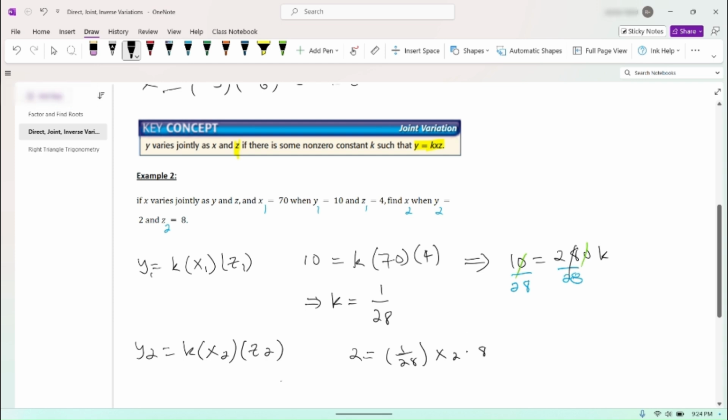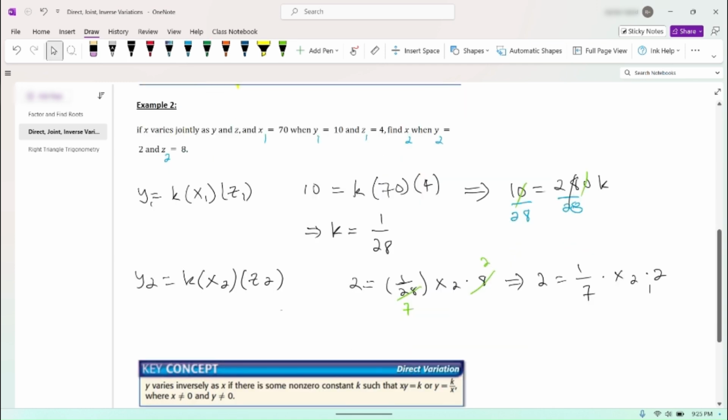All right, so let's do some cancellations before we divide by things and move numbers over to the other side. So 8 and 28 reduce to 2 and 7. We are left with 2 equals 1 over 7 times x2 times 2.